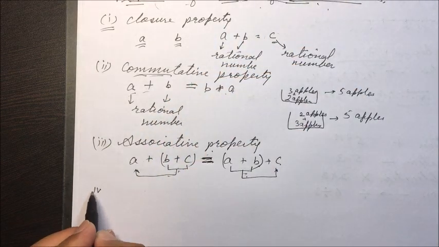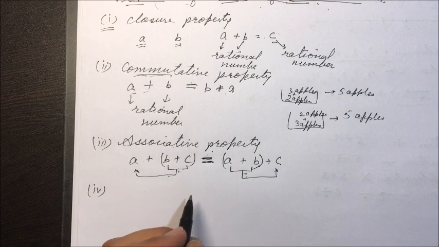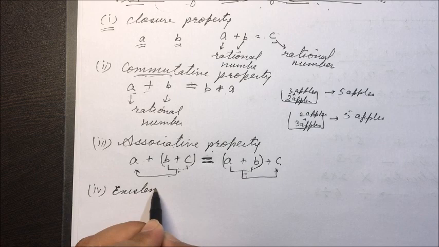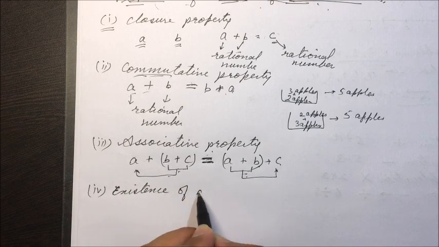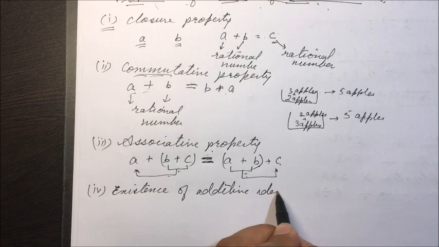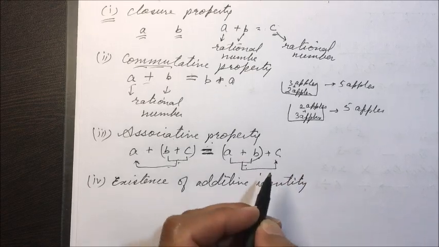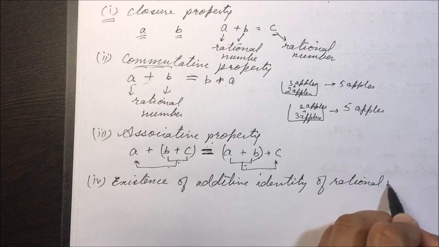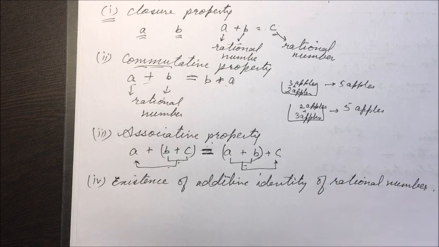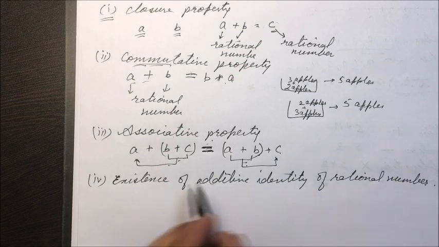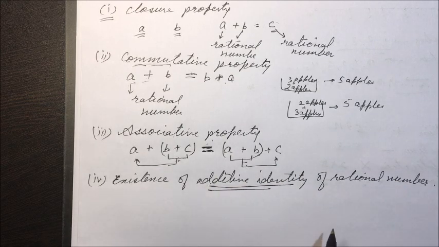This is clear. Now we will be discussing existence of additive identity of rational number. So see here, additive identity.